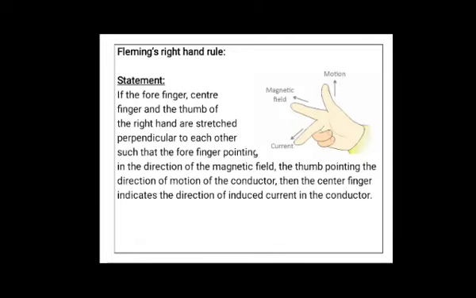If the forefinger, central finger and thumb of the right hand are stretched perpendicular to each other such that the forefinger points in the direction of the magnetic field, and the thumb points in the direction of motion of the conductor, then the central finger indicates the direction of induced current. So the forefinger represents the magnetic field, the thumb represents the motion of the conductor, and the central finger represents the induced current in the conductor. Let us continue.